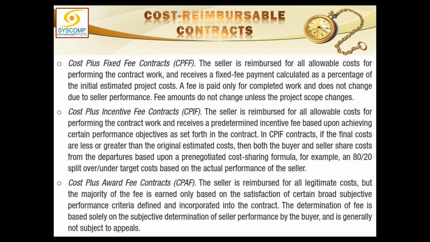Third type is cost plus award fee contracts. In these contracts again, all the costs will be reimbursed by us, but the contractor, if he performs well, would be rewarded. You see, incentive was different. We had already defined how much incentive he will get for what kind of service. Award is like, we are giving him a kind of medal for his services, which could be in shape of financial benefit or whatever.